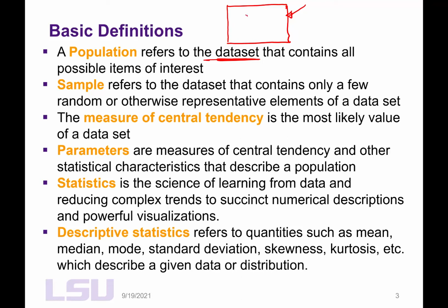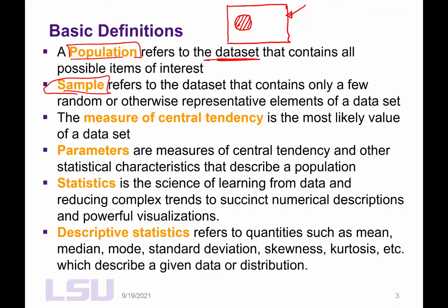So you need a sample to test whatever vaccine you have developed on. And that sample, we hope, is representative of the entire population. So generally, the sample will be much smaller than the population. So that's the difference between population and sample.